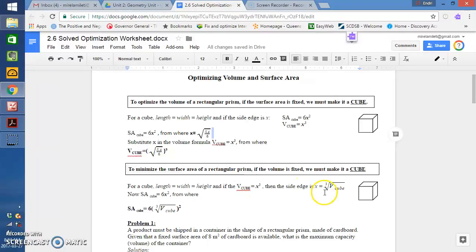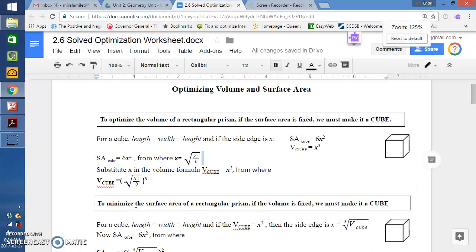By substituting the given volume into this formula, we can figure out what is the dimension, because they're all the same. So what is the side of the cube? Once we have that, we can plug that value into the formula for the surface area, 6x squared, from where we can figure out what is the minimum surface area for this given value.